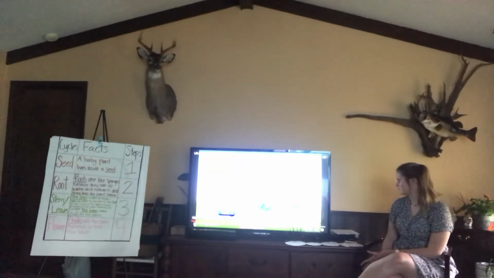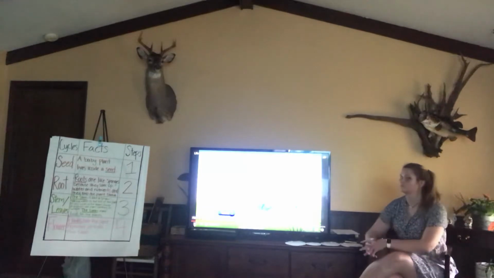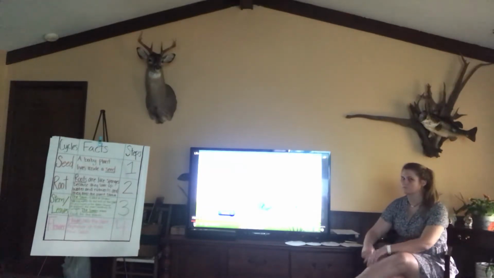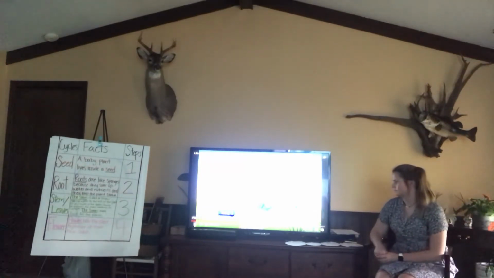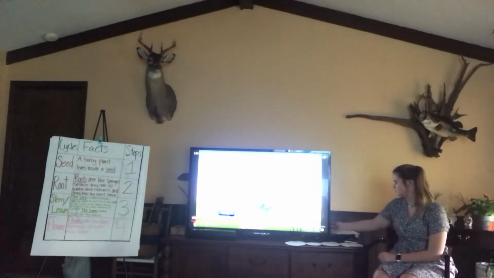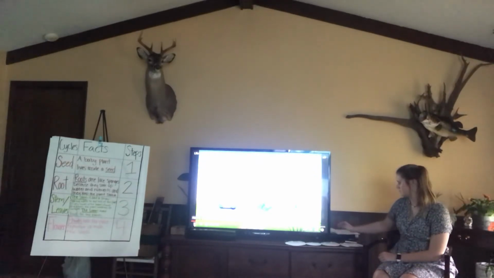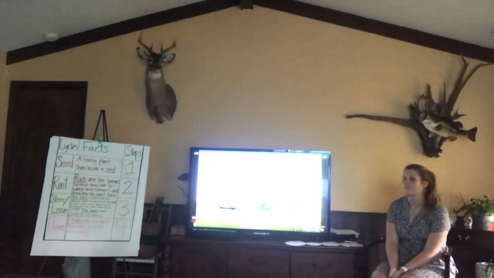Roots. As the baby plant grows, the outer hard shell of the seed becomes soft and roots emerge from the seed. Stem. Soon, the stem grows out of the seed and we can see the young plant coming out of the ground.